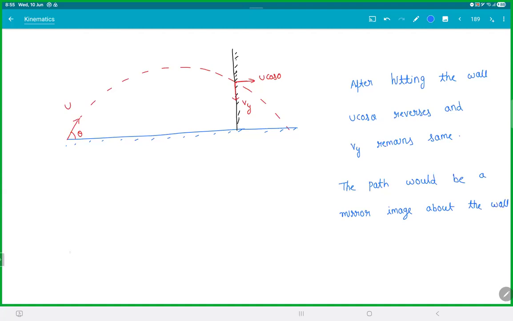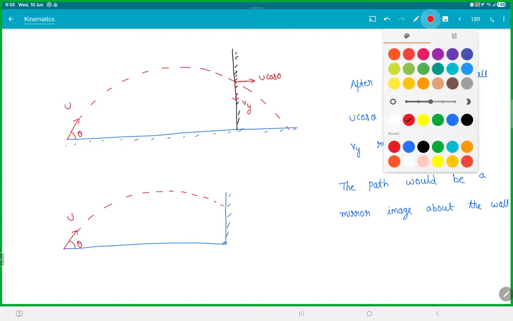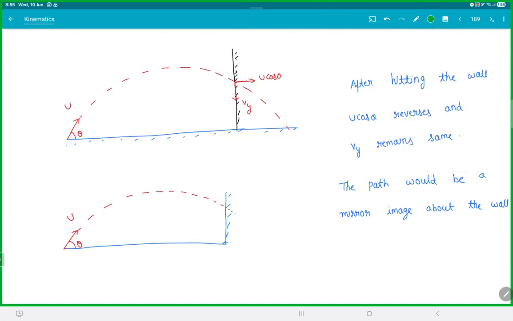This is how the picture would look. When you project it with u and theta, you would have gone like this and hit here. If the wall was not there, you would have continued like this, the green one. Now it will do the same thing on the other side. So this red one here and this one here would be a mirror image.